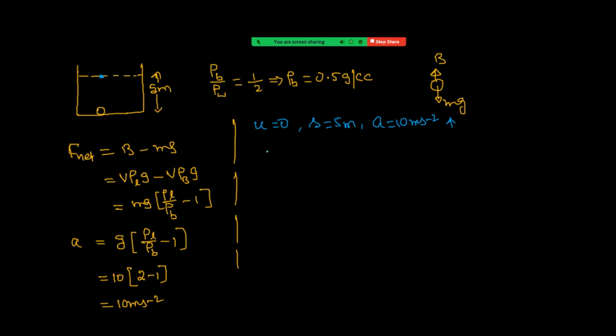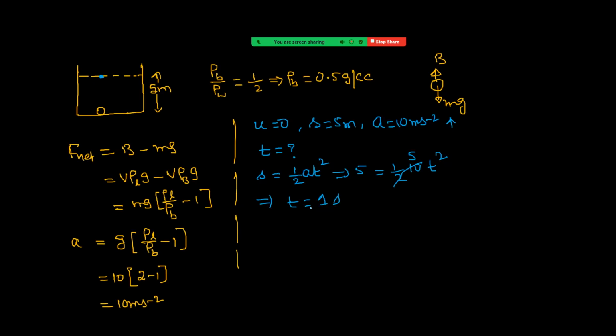So T we want to calculate. We take S equal to ut plus half a t square, u value 0. So S equal to half into 10 t square. Here 5 times 5 gets cancelled, so t value is 1. That means it reaches the surface of water in 1 second.